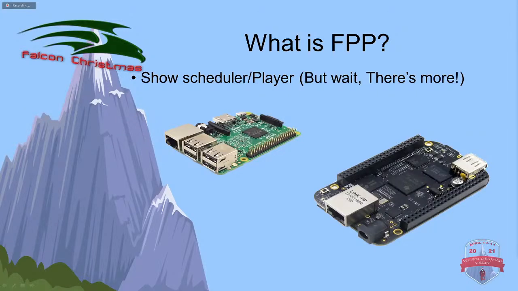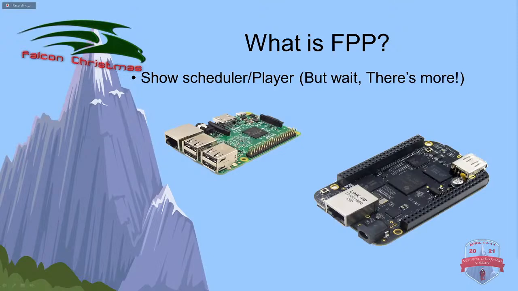FPP, known as Falcon Player, is a free software program that you can install on a Raspberry Pi or BeagleBone computer, and is primarily a show player. But FPP can also be used to accomplish a ton of other things, such as using a push button or sensor to activate a sequence or other device. You can coordinate other devices from within a sequence, like starting and stopping a snow or fog machine.